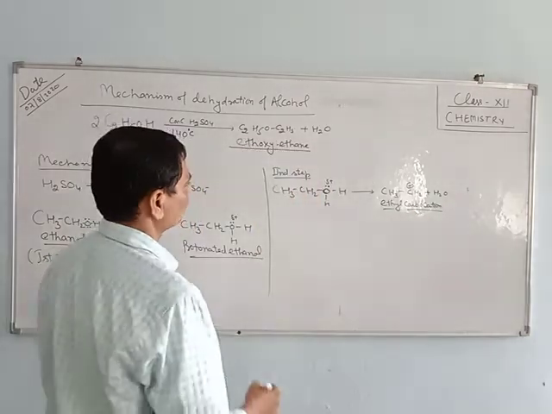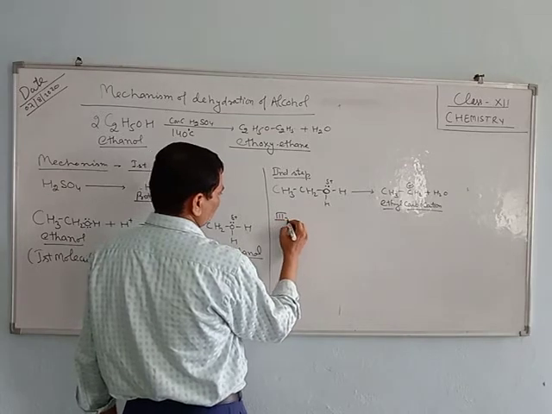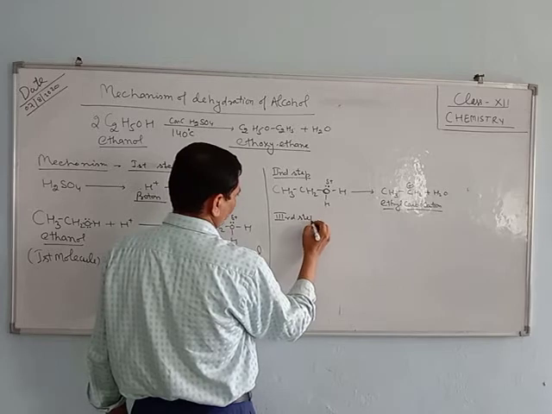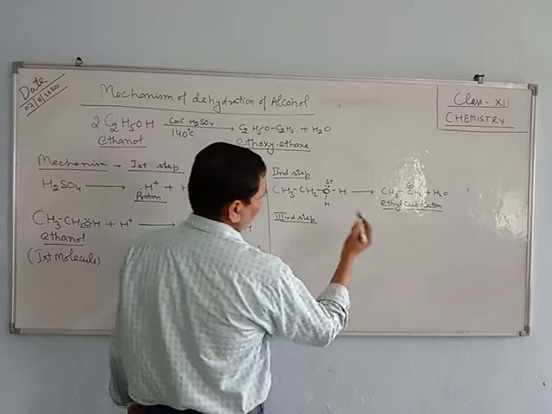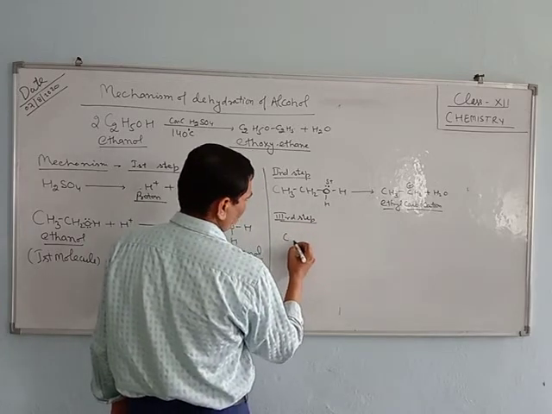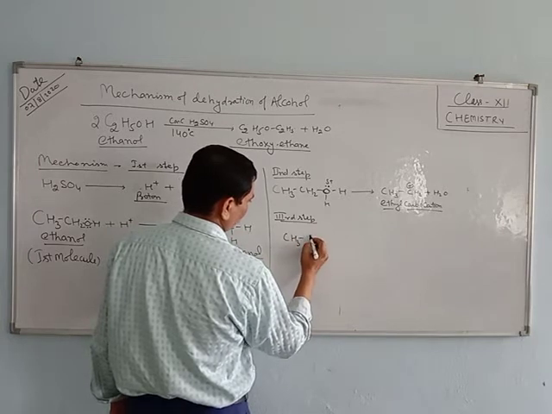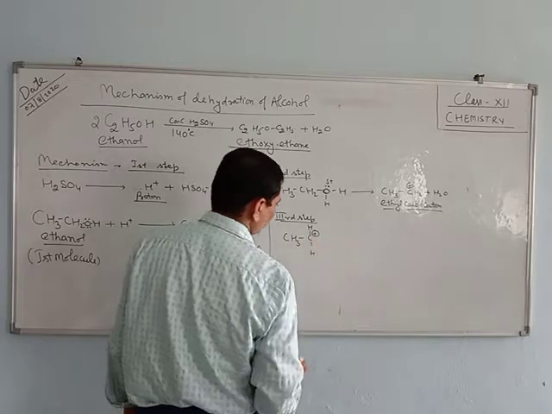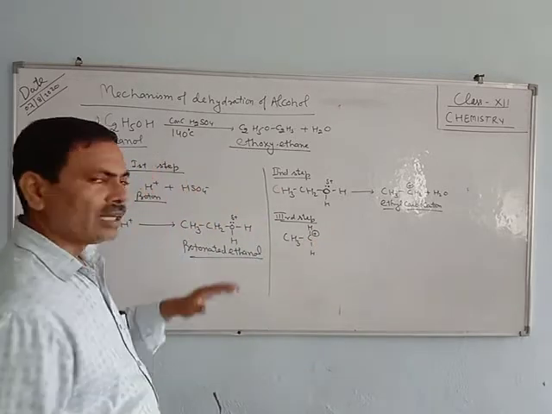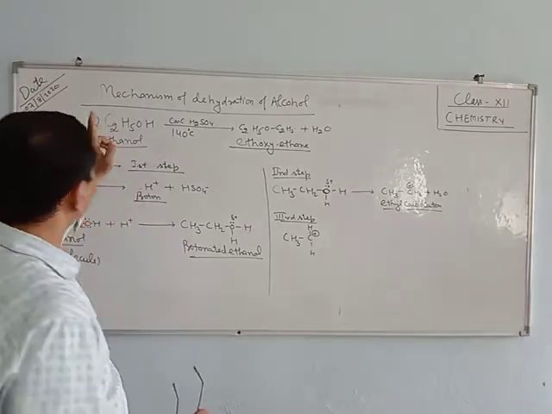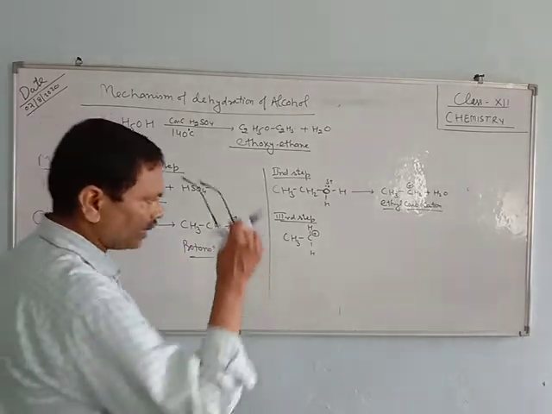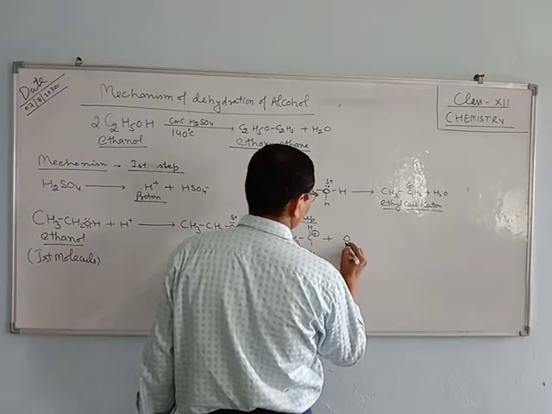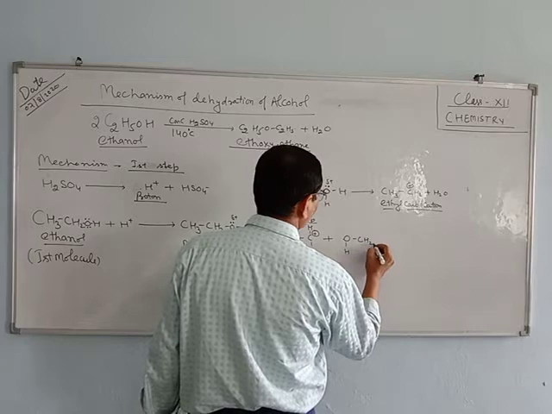In the same way, now in the case of the third step, this ethyl carbocation CH3CH2+ will react with the second molecule of ethanol, which is non-protonated, CH3CH2OH.